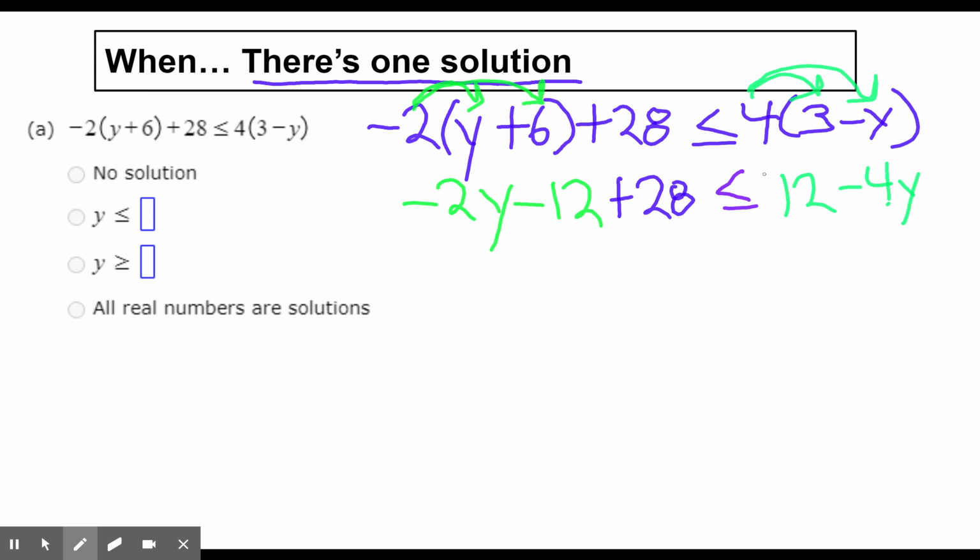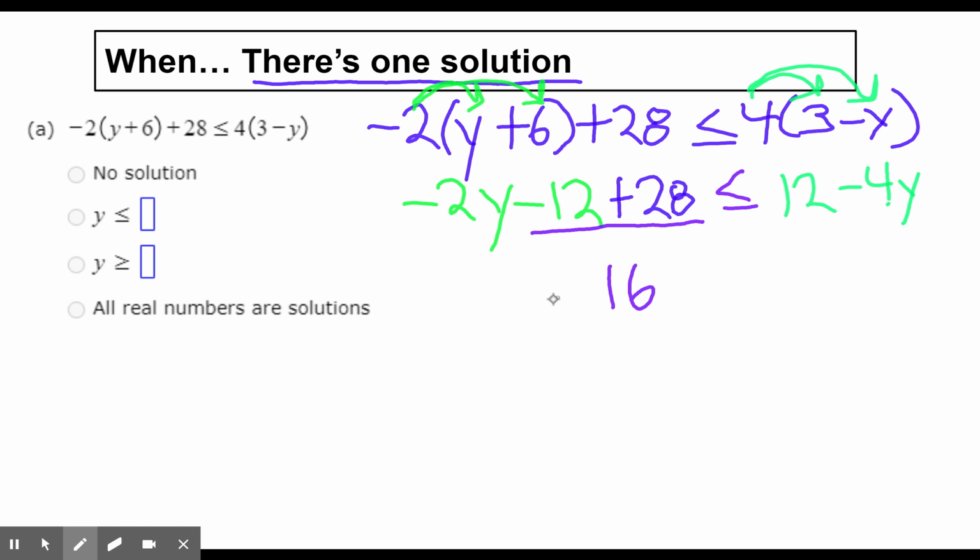So I have -2y minus 12 plus 28, is less than or equal to 12 minus 4y. Now I can simplify further by combining like terms. -12 and 28 combine because they're both constants. They're on the same team.